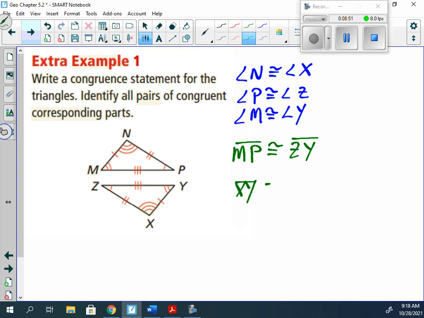XY is congruent to MN, because they both had 1. Is congruent to NP.